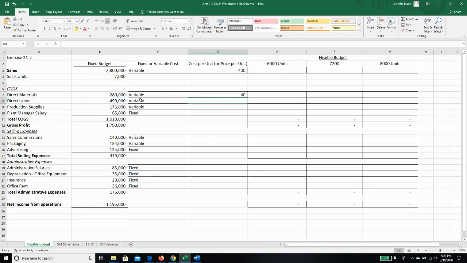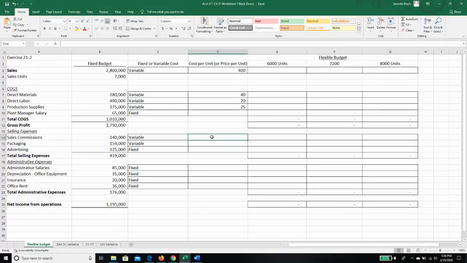and that's $40 of direct materials per unit. You can do the same thing with my direct labor, which will be $70 per unit. My variable overhead, which will be $25 per unit, and I won't do it for fixed.